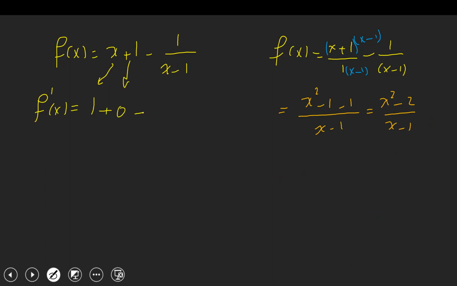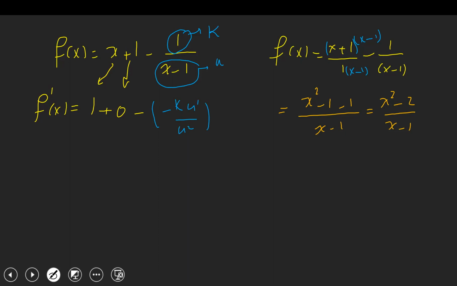Minus, this is of the form k over u. So this is k constant, and this is u. And the derivative of k over u is minus k u prime over u square.